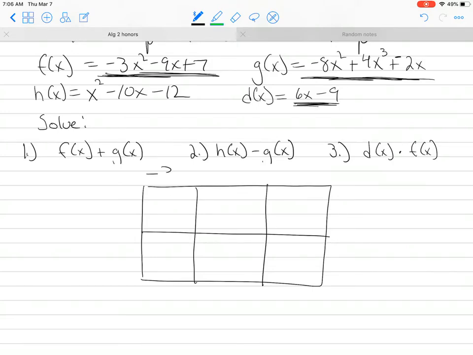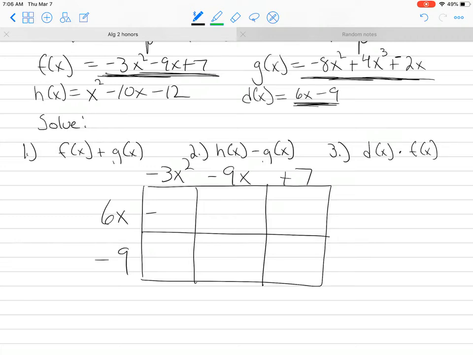So f of x is negative 3x squared minus 9x plus 7. D of x is 6x minus 9. So what I'm going to do is now start multiplying with my area model. Hold on, I'm just moving locations. Give me 1 second. All right, so I'm multiplying with my area model.